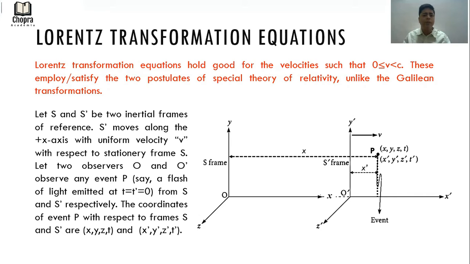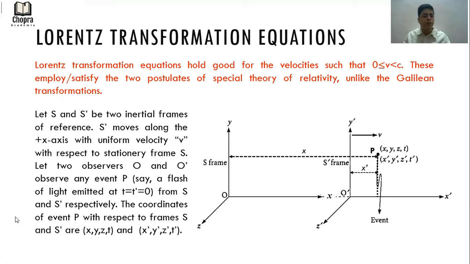This is the same fashion as we defined the system in Galilean transformation equations. When we were deriving those equations, let S and S dash be two inertial frames of reference. S dash is moving along the plus x axis with uniform velocity v with respect to the stationary frame S. Let two observers O and O dash observe an event P, say a flash of light emitted at t equal to t dash equal to 0.